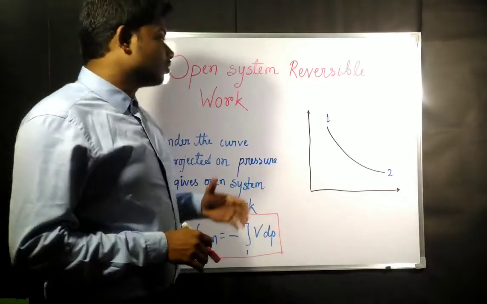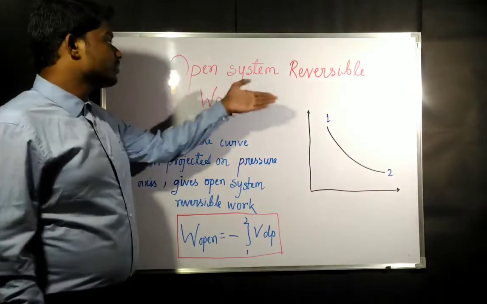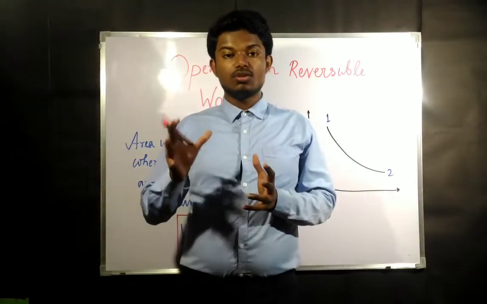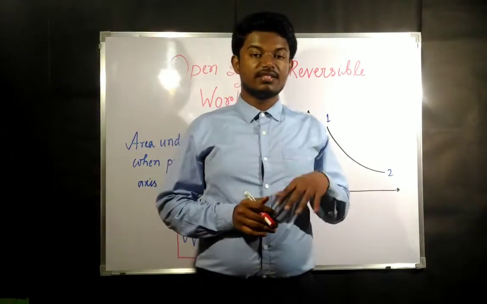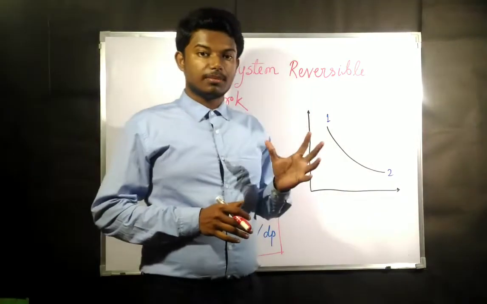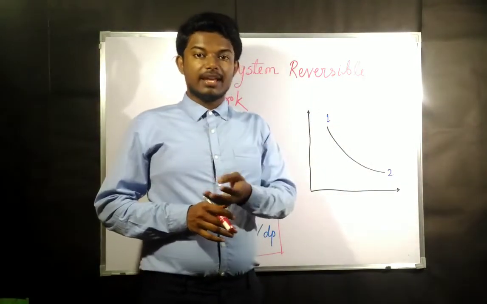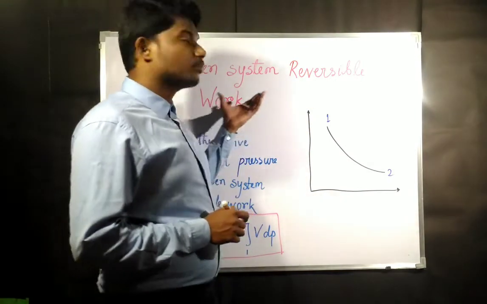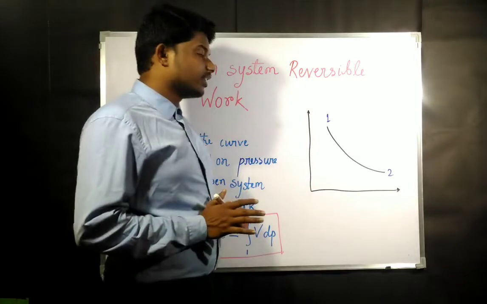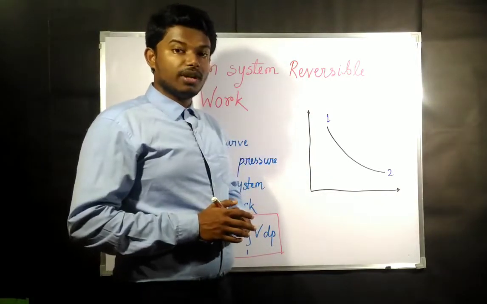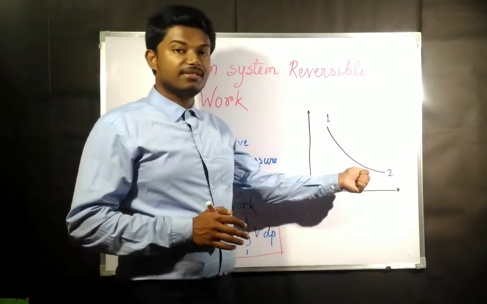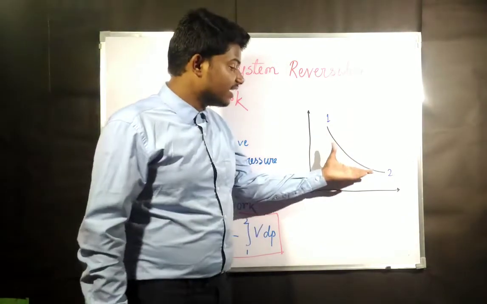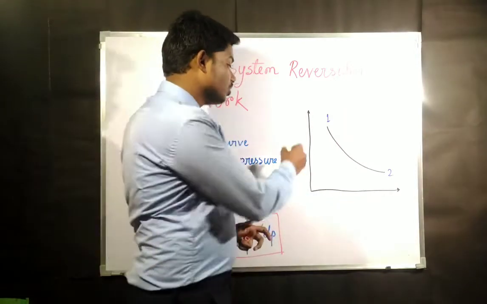Now we are going to read about open system reversible work. We have already read about closed system reversible work, and we have discussed every possibility of the closed system, like adiabatic, isothermal, and all the processes for the closed reversible system. While discussing that, we said that the work done in a reversible closed system was the area under the curve projected on the volume axis.